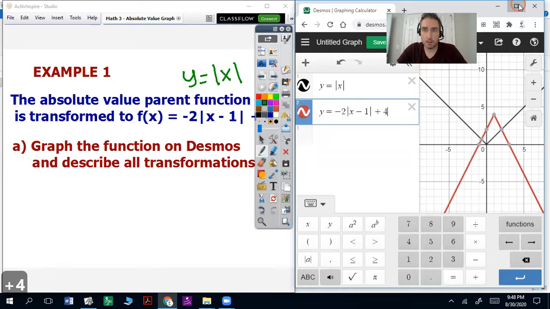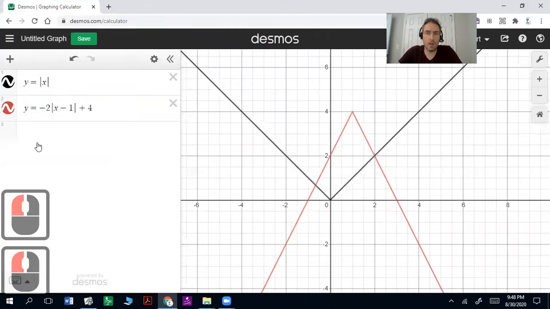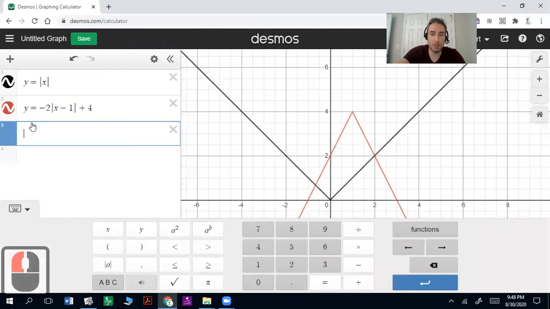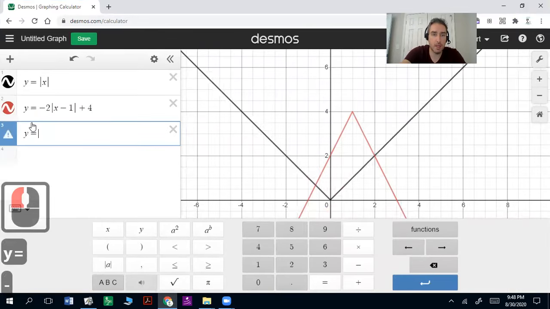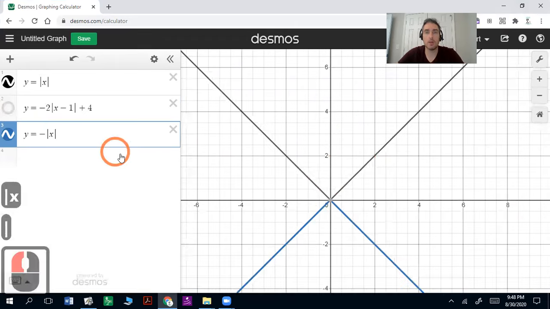And let's take a look at this full size. So there's a lot going on here, but let's isolate maybe one thing at a time. So let's say I want to talk about what happens with this negative, okay? So if I just did y equals negative absolute value of x, if I just threw a negative out first, that's going to reflect it over the x-axis.